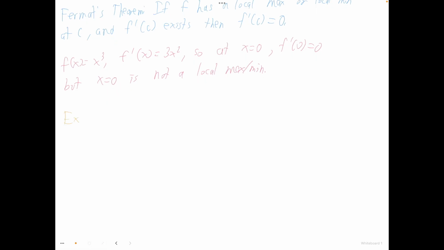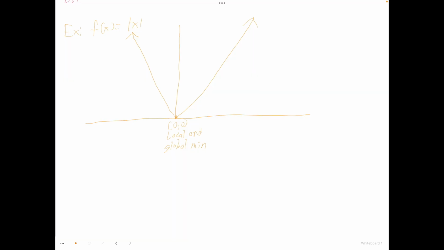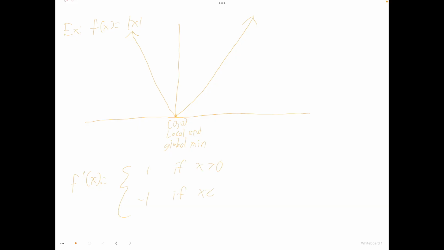Additionally, if we look at the function f of x equals the absolute value of x, its graph is as follows. This point, 0, 0, is going to be a local and global min. But if you recall the derivative of this function, it's 1 if x is greater than 0 and negative 1 if x is less than 0, and the derivative is not defined at 0.